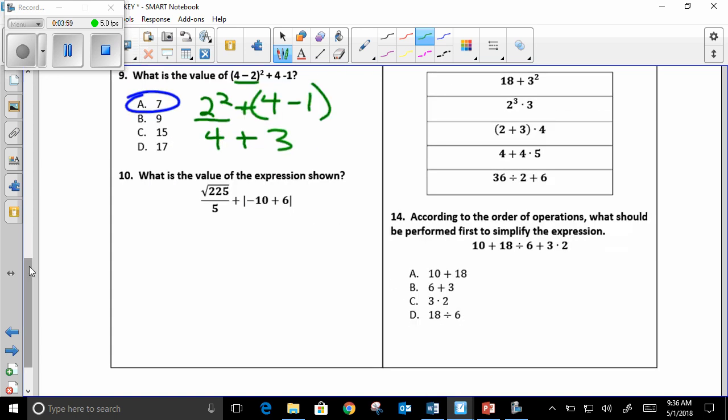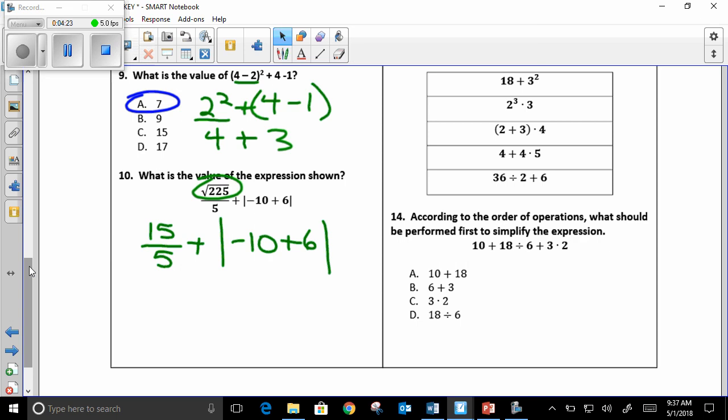All right, number 10. 7 is also correct. So we are going to solve our square root. So the square root of 225 is 15 over 5 plus the absolute value of a negative 10 plus 6.